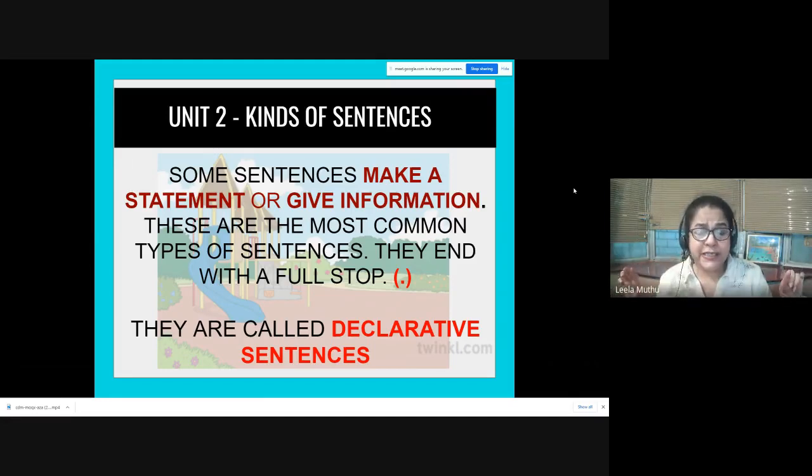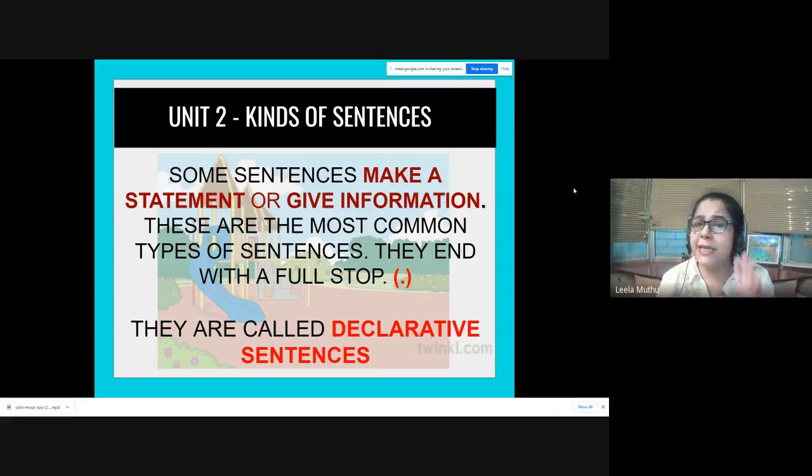So the sentences which just give information, which give a kind of fact, are one kind. Even proverbs, for example: honesty is the best policy. A rolling stone gathers no moss. Health is wealth. Too many cooks spoil the broth. A stitch in time saves nine.